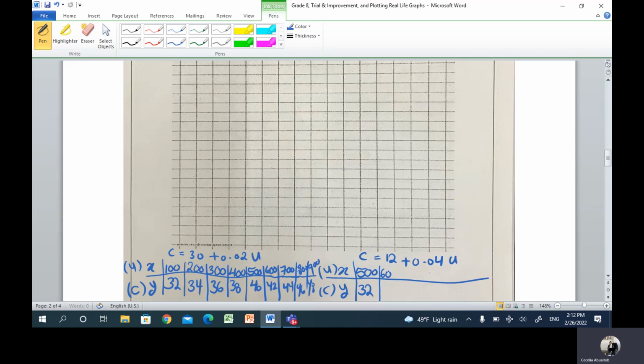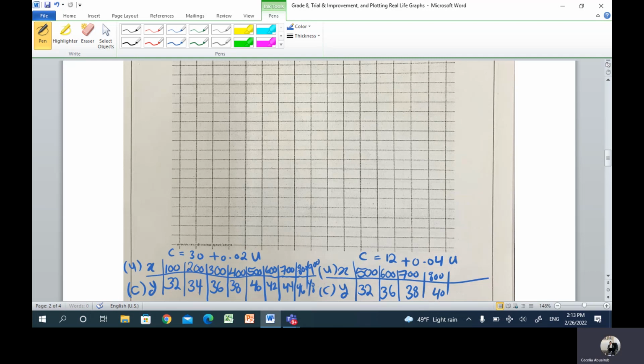If you substitute U as 600, so 12 plus 0.04 times 600, this will be $36. And again, we have a pattern in Y. It's like we're adding 2 every single time. So at 700, it will be 38, and at 800, it will be 40.